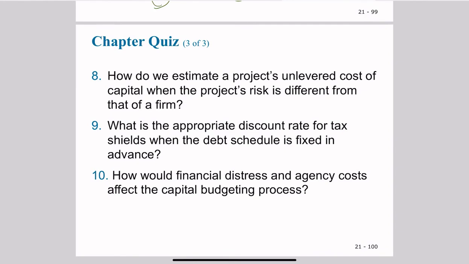To be more specific, you will look for firms in the same line of business, find those firms' unlevered cost of capital, and use these comparable firms' unlevered cost of capital as your project's unlevered cost of capital.